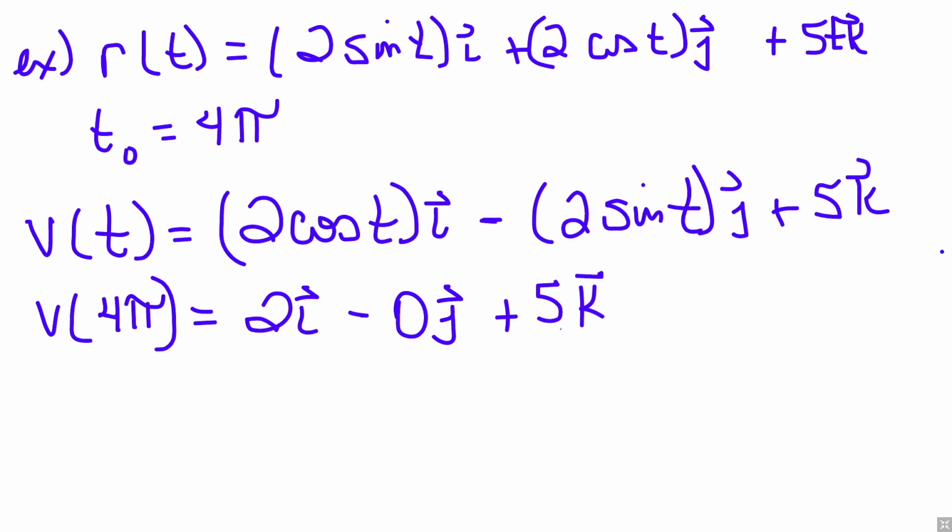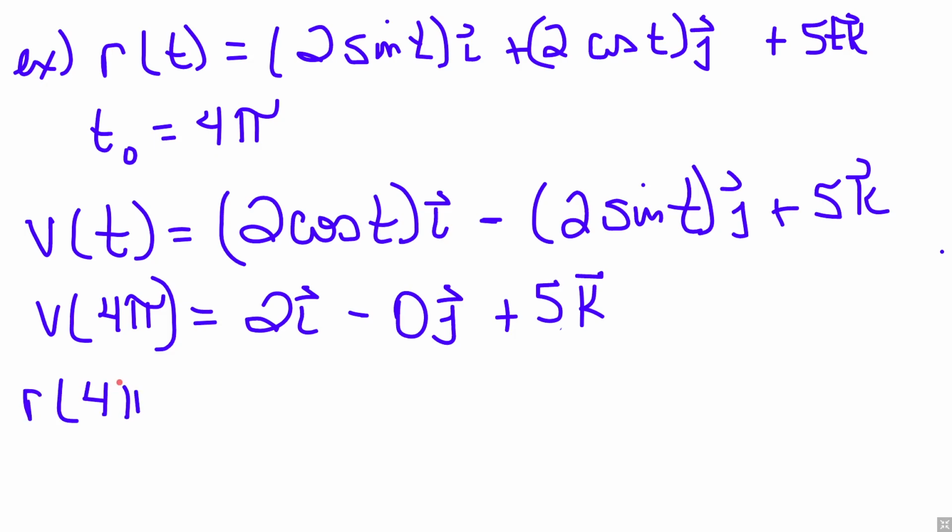We found the slope. Yes, we're missing a point. Well, how do you think we're going to find this point? How can we find a point? Put 4 pi in r of t. Yes. So if we plug 4 pi into r of t, that will give us our point.